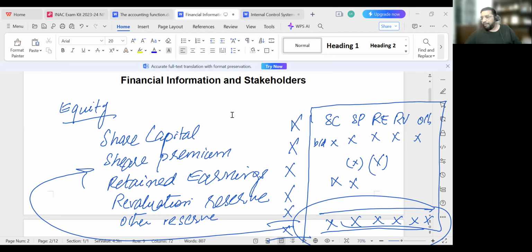If you move funds from retained earnings to other reserves, you would subtract from retained earnings and add in other reserves. So the fact of the matter is that in the statement of changes in equity, you are actually showing the movement in the equity portion of the balance sheet. Okay.